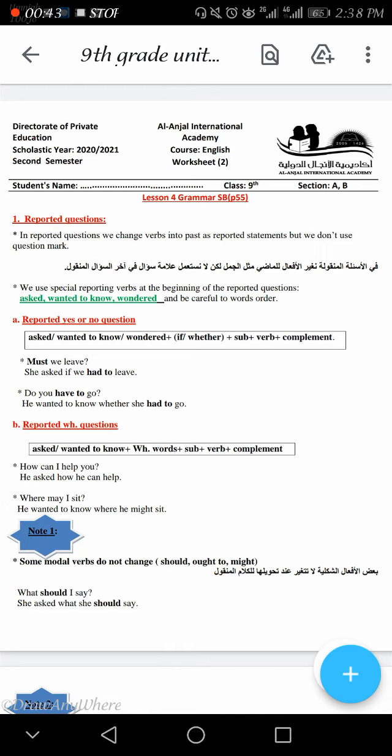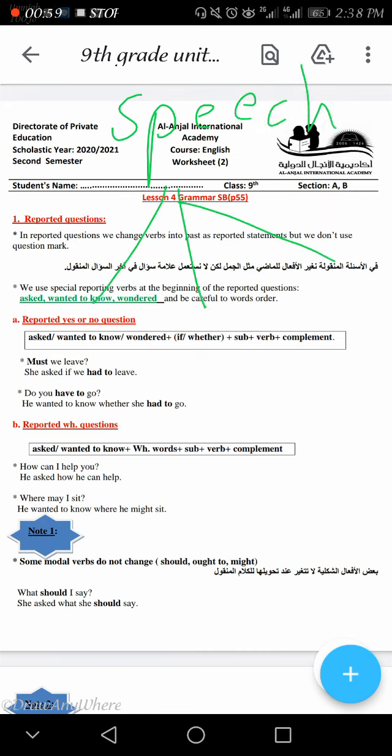As you know, in 8th grade, we talked about reported statement and command. As you see here, the speech, الكلام, is divided into three types. The first one is statement or sentences, or command, طلب.